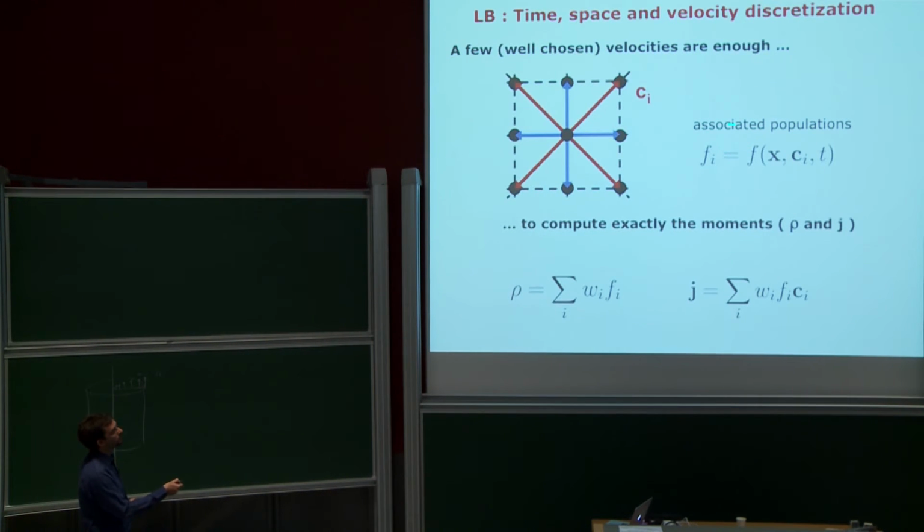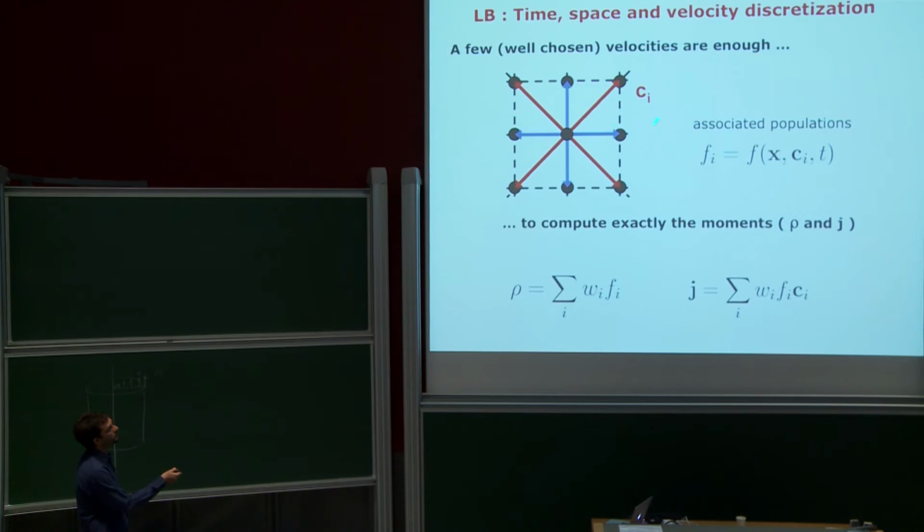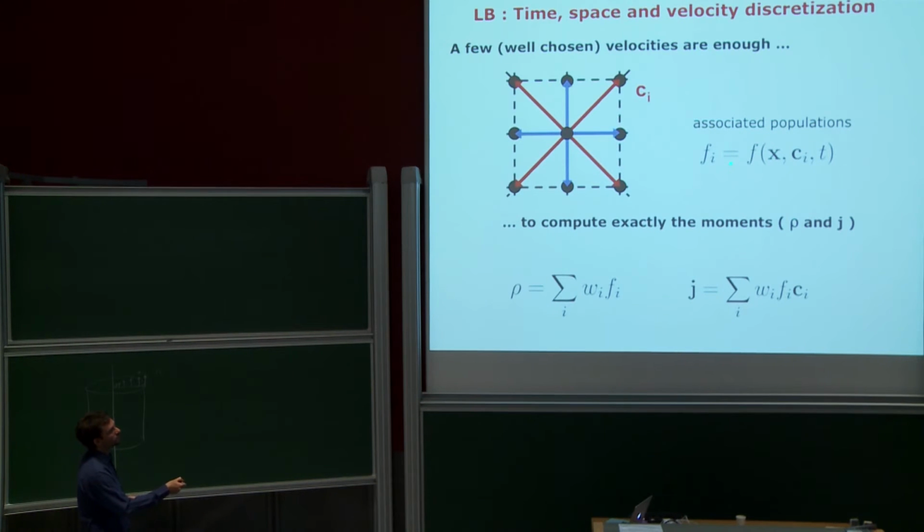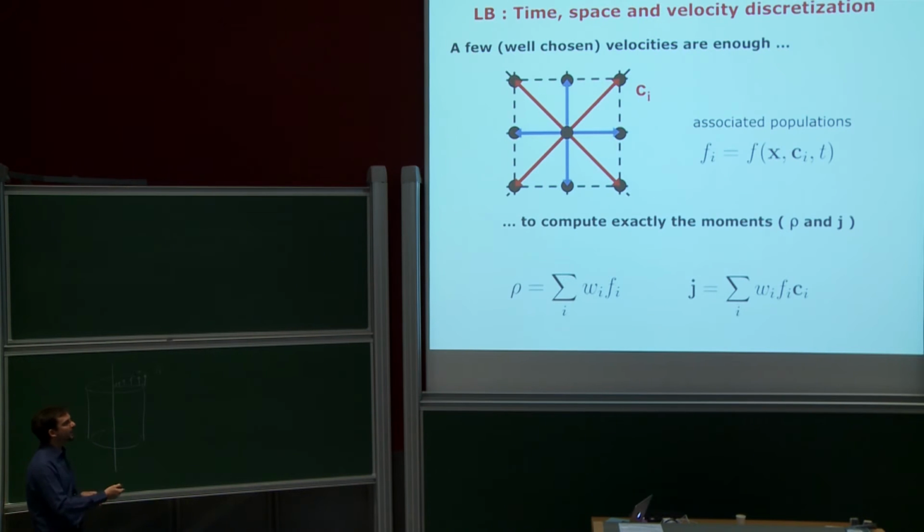So we, in the Lattice-Boltzmann language, talk about populations. So you have a set of discrete velocities c_i, and the population corresponds to the value of the probability distribution function at a given point and a given time for this particular velocity c_i. And you can combine these populations by giving them an appropriate weight.